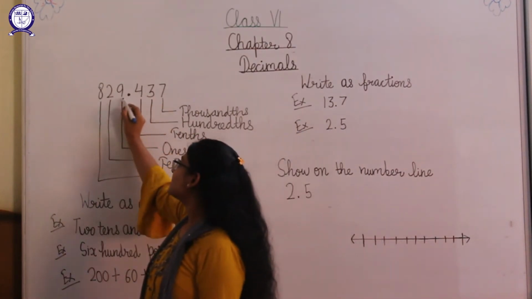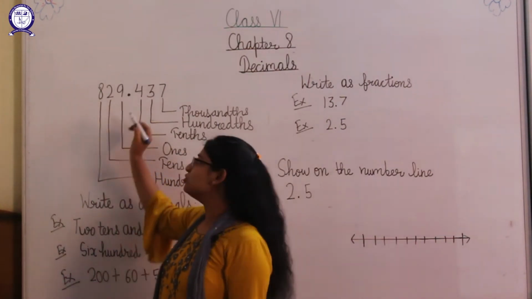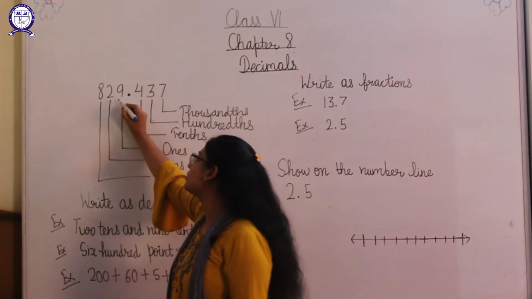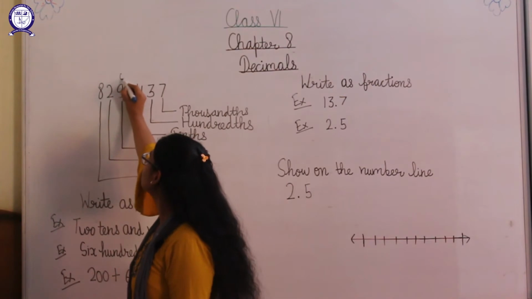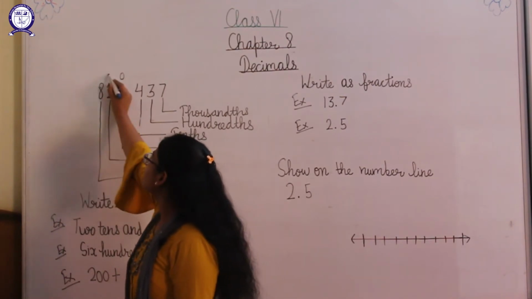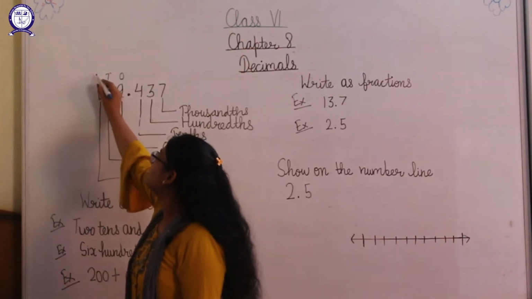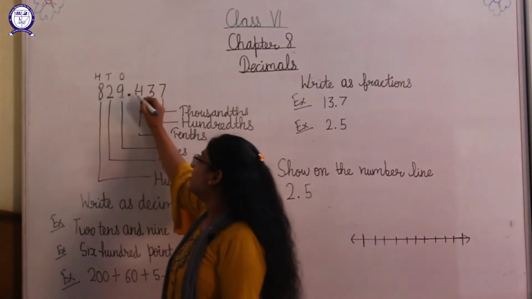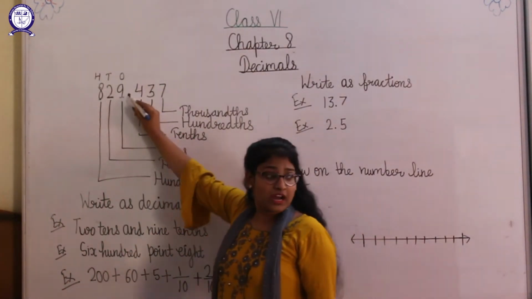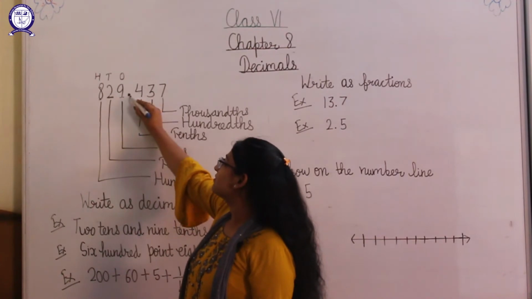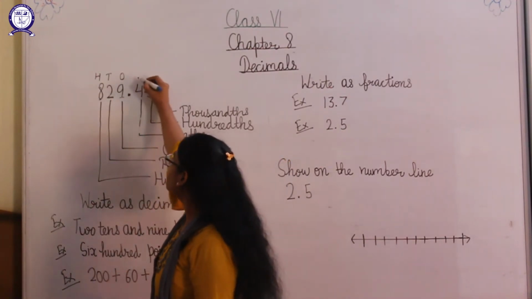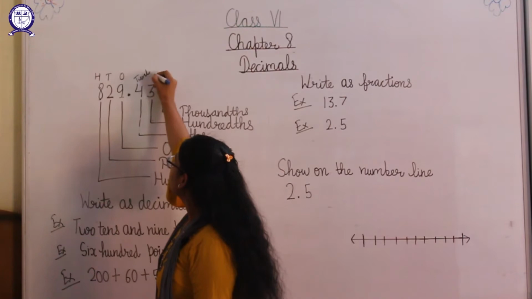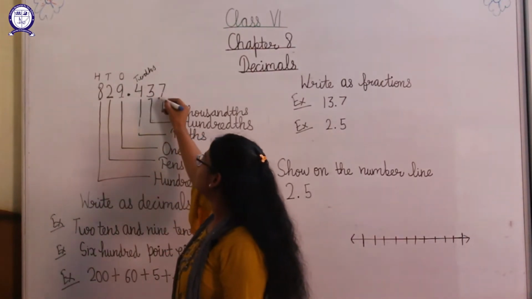Okay. Now students, what about the place values? Here before the decimal it is the normal number as you use, means 829. So here this 9 is at the ones place, 2 is at the tens place, 8 is at the hundreds place. Okay, and here we will start from left to right, means after the decimal this will be the tenths, this will be hundredths, and this will be thousandths.